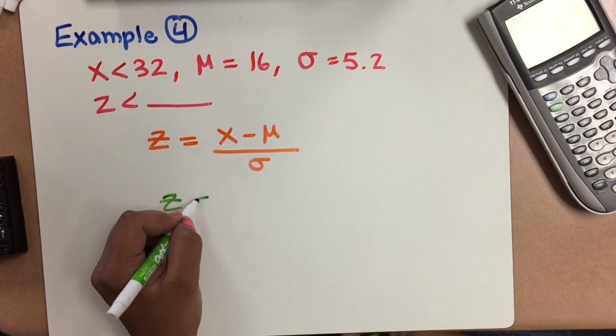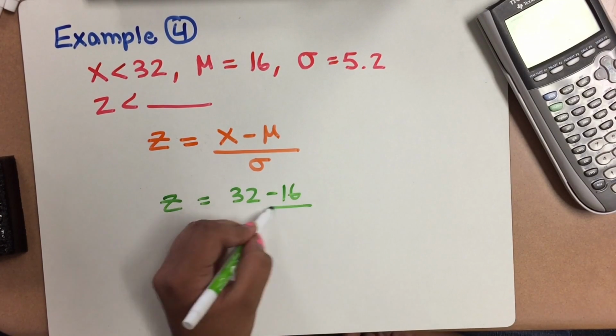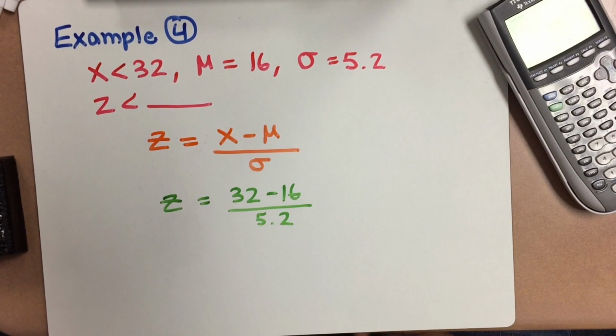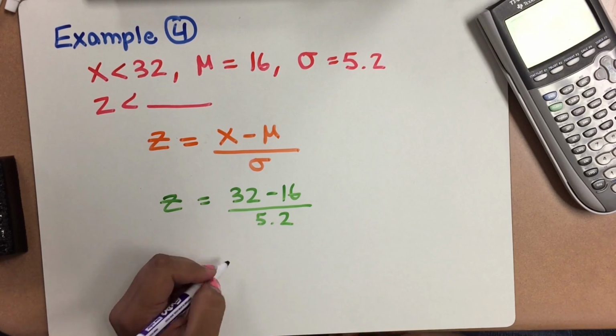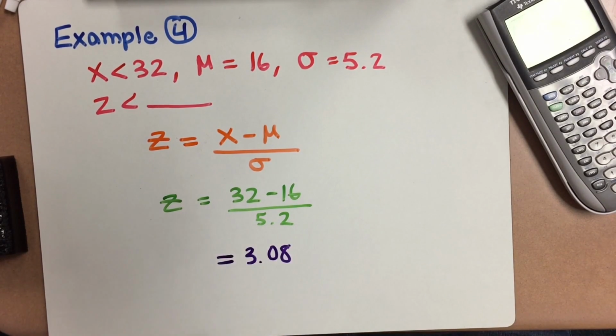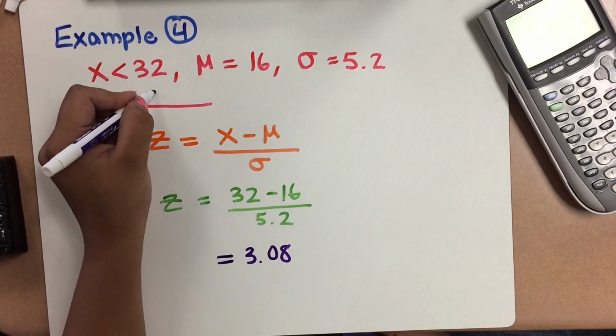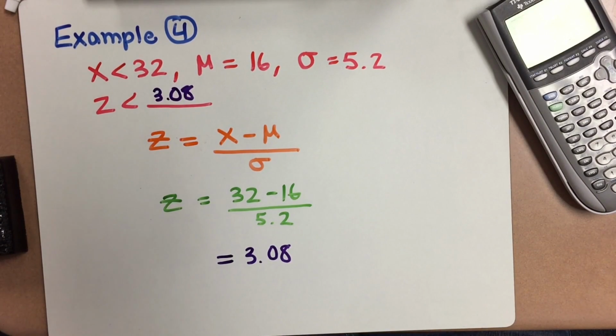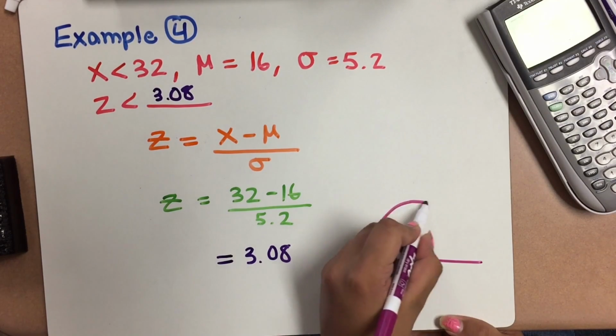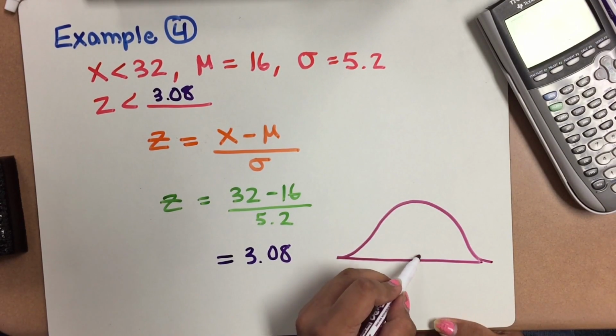Then do the math and calculate z. Since x is less than 32, you shade the left side of 3.08.